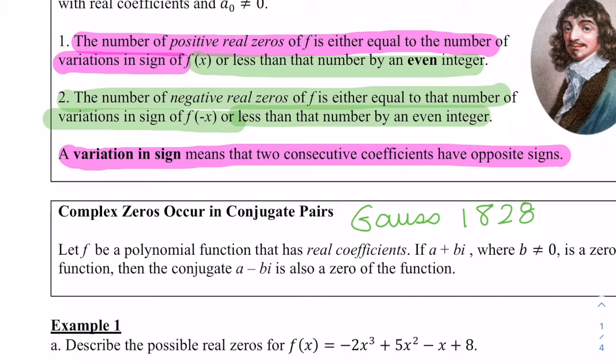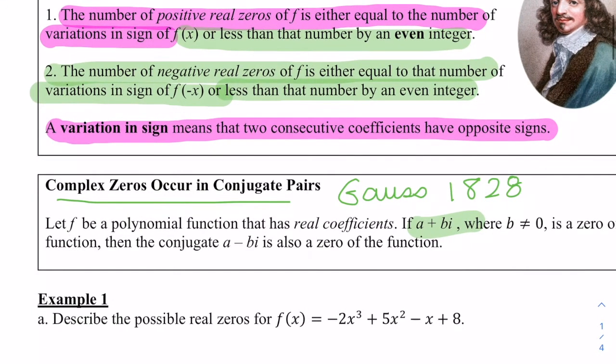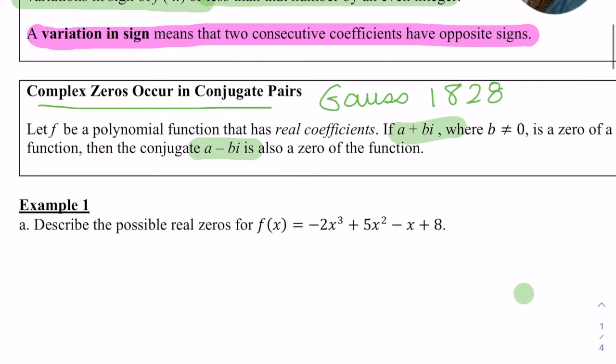Because if you remember, complex zeros, imaginary roots, occur in conjugate pairs. So if we have a plus bi as a root, then its conjugate, a minus bi, must also be a root.